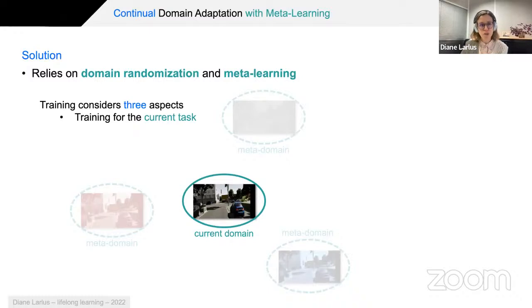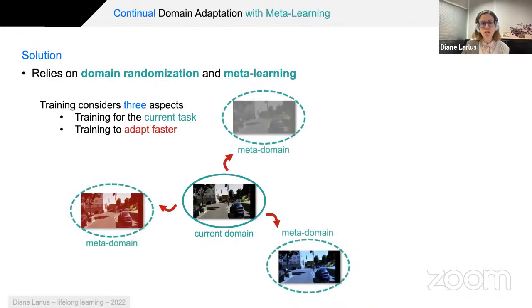It will train for the current task, which is what we really want to do: train with the data we have. But we're also going to train keeping in mind that we want to adapt faster to meta-domains, with an objective that makes sure that we mitigate forgetting on those meta-domains. So we have these 3 components used in a single learning objective, and this is how we're going to train our model.